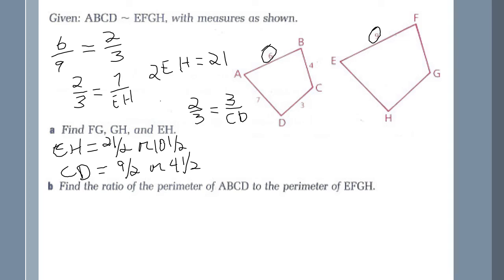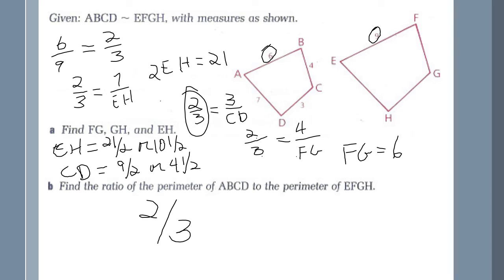And then BC is 4, so 2 over 3 equals 4 over FG. That gives 12 equals 2 FG, so FG is equal to 6. The ratio of the perimeters is going to be the same as this, so that's nice and easy, 2 over 3.